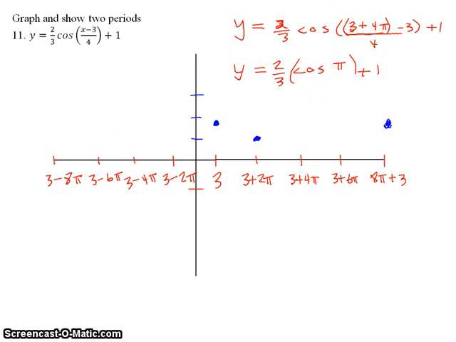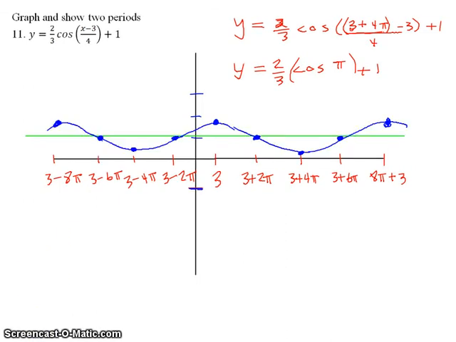So we have 2/3 times -1, which is equal to -2/3. -2/3 plus 1 is equal to 1/3. So we're going to put that point right there. And so I see that I'm going to complete a cycle by putting a point there. Let me go ahead and plot the other points. And voila, we have our graph that has been vertically shifted up 1, and we have an amplitude of 2/3.